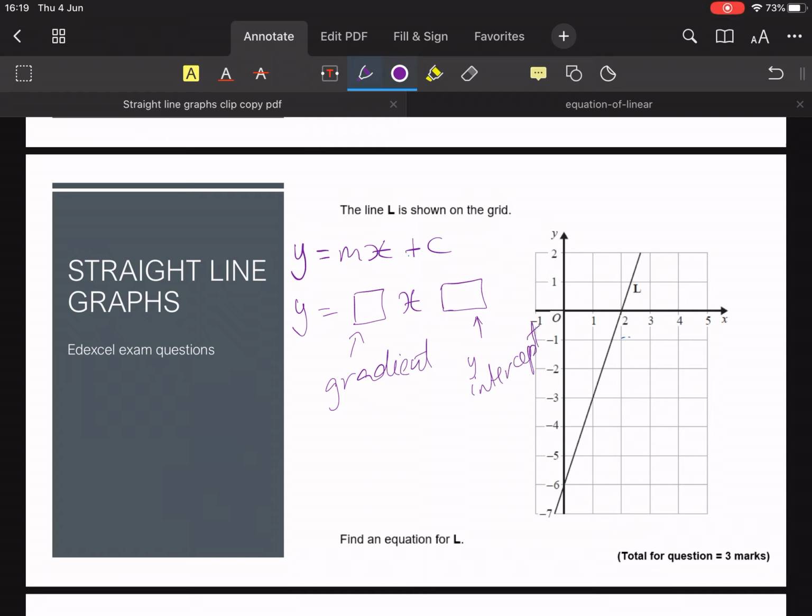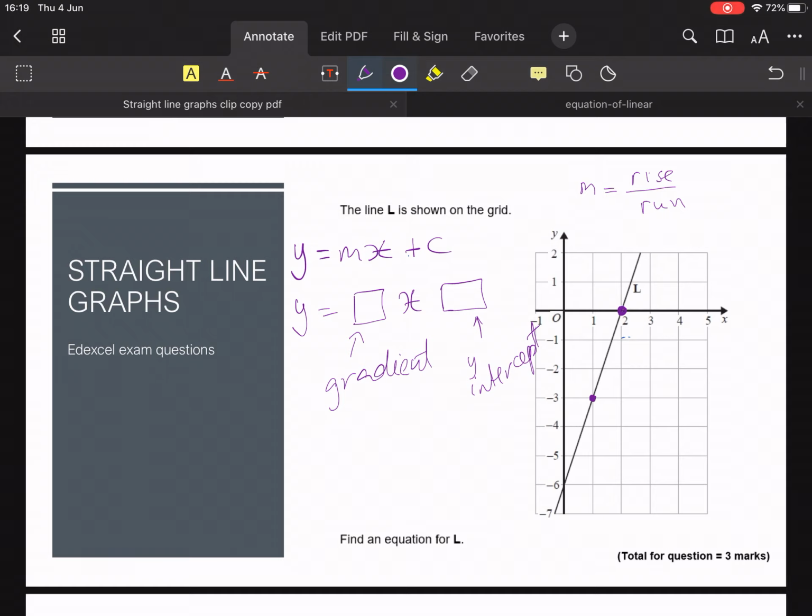Okay, so for the slope of this line, I'm going to choose any 2 points on this line. I'm picking this one, which is (2, 0), and another point where the line has a nice whole number point on it, which is (1, -3). I'm going to work out the gradient as rise over run.